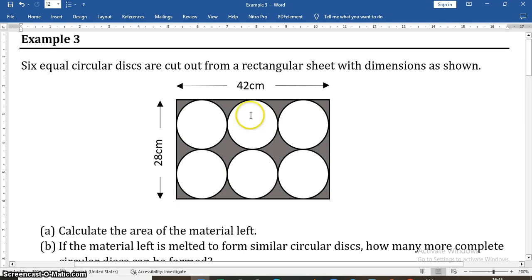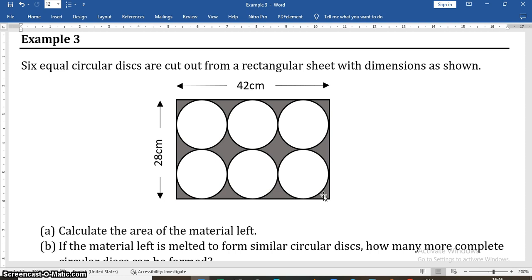And inside you can see the circles 1, 2, 3, 4, 5, 6. 6 circles cut out of the rectangular sheet. So look at this material left. That's what you have in gray color, the shaded portion in gray. That's the material left. Okay, let's see what the questions are.